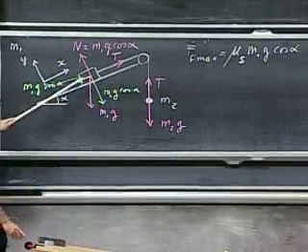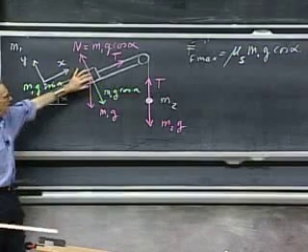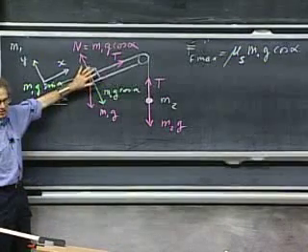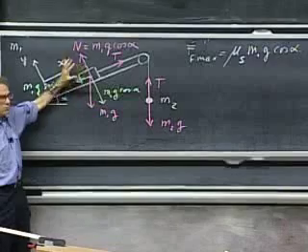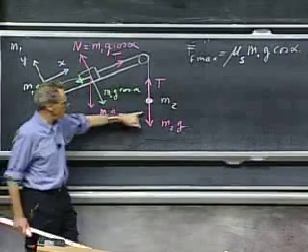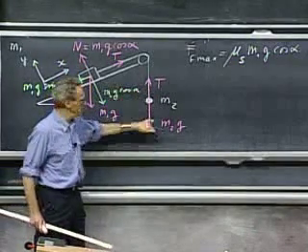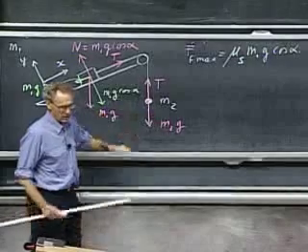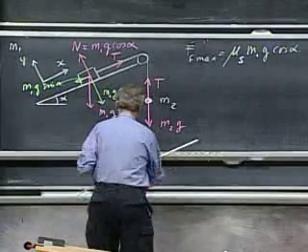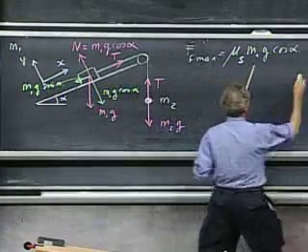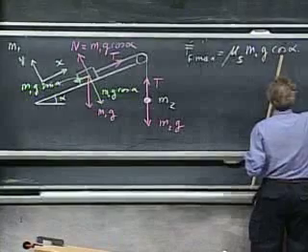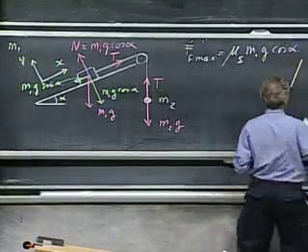I'm going to evaluate, for now, only situations where the system is at rest. It's not yet moving. If the system is at rest, T must be m2g, because this object is not being accelerated. So in all situations where the system is at rest, T must be m2g. That's non-negotiable.